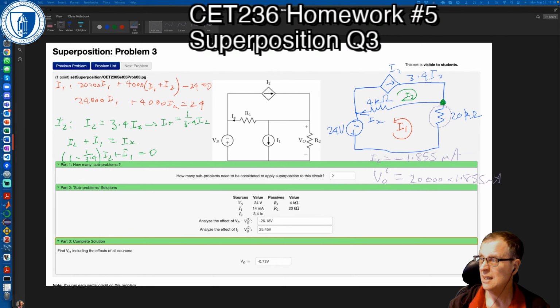So Vout1 equals Q3 currents, and we want I2, sorry, we want I1. We don't want I2, we want I1. So I1 is 1.309.